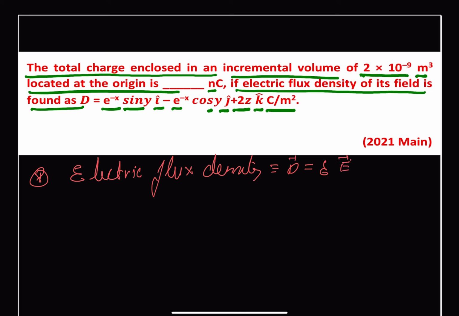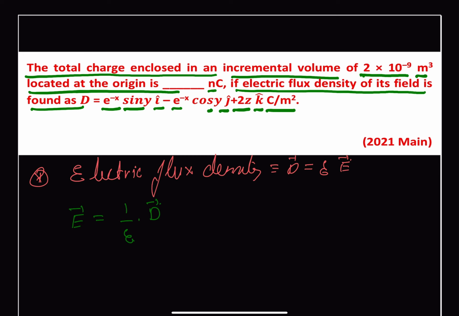So from here we can say that our electric field is equal to 1 upon epsilon naught and our electric flux density. And this electric flux density is given to us.